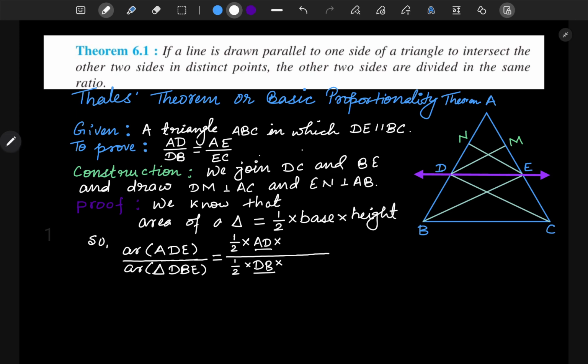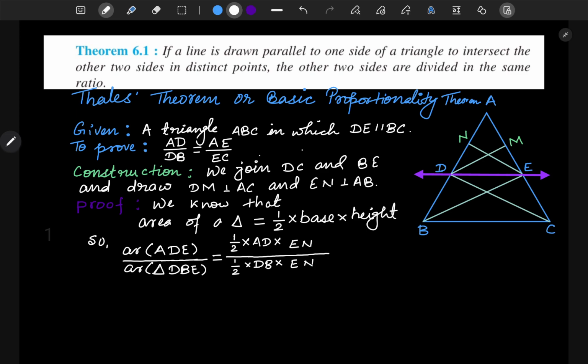While choosing the height, we will be careful, right? So we'll take the height upon AD. You will see here it is EN, and for DB also, by extending this DB side, as you can see on my line, the height will be the same EN.